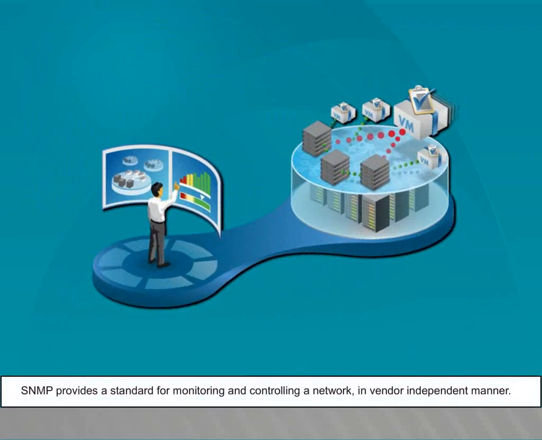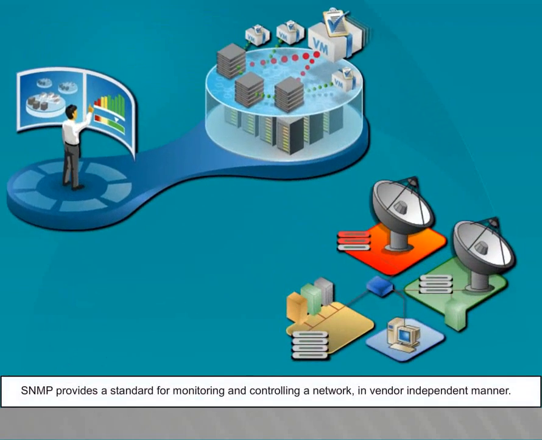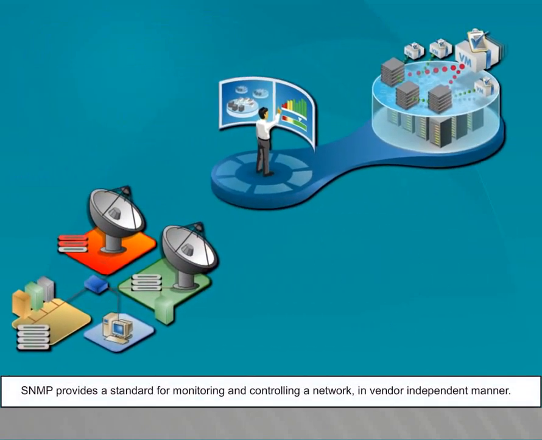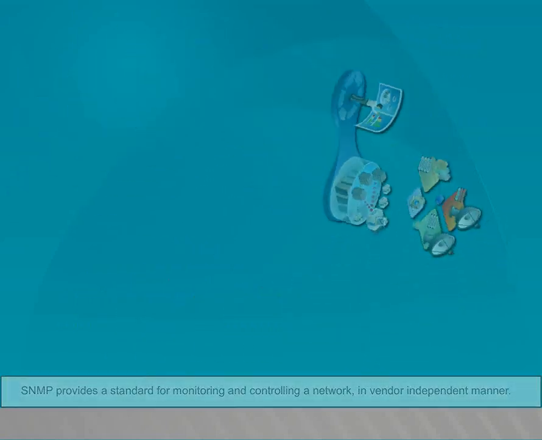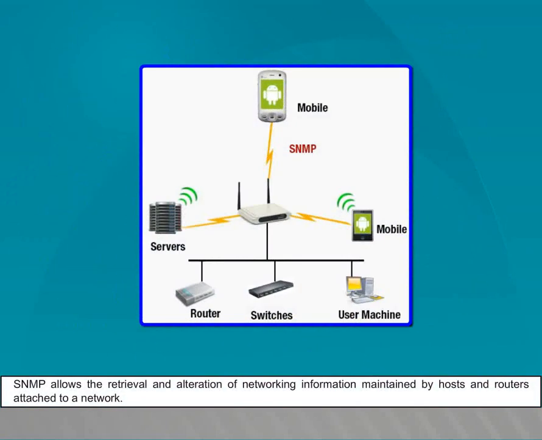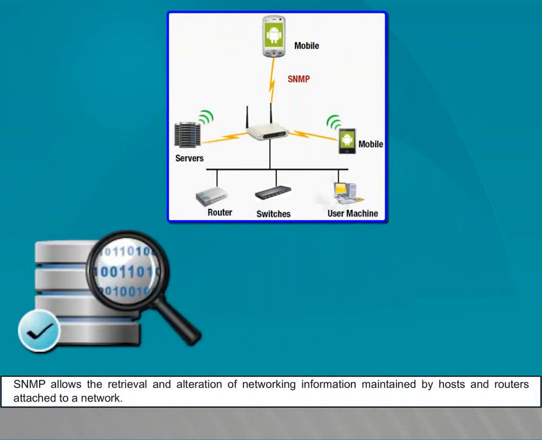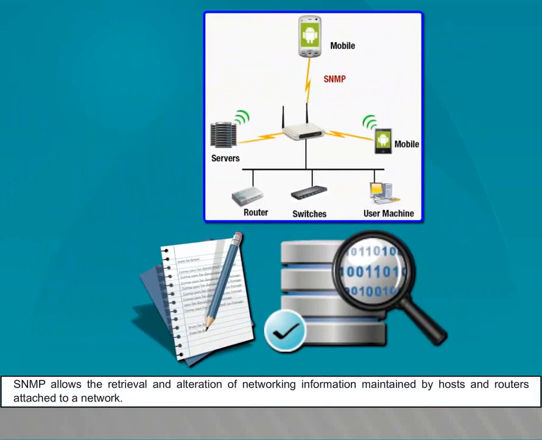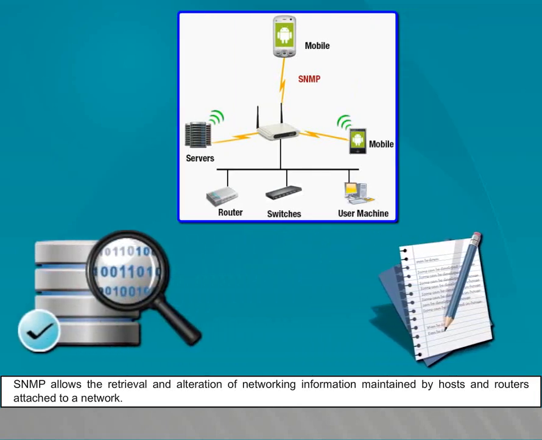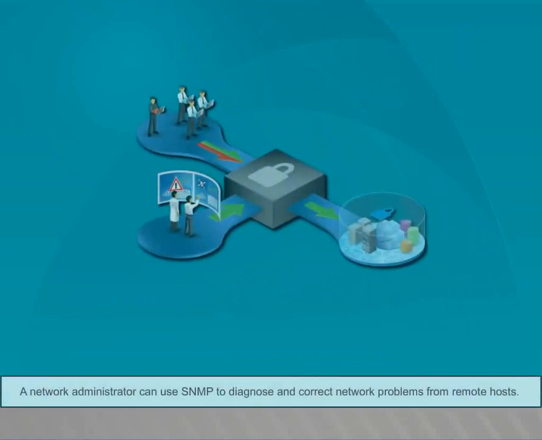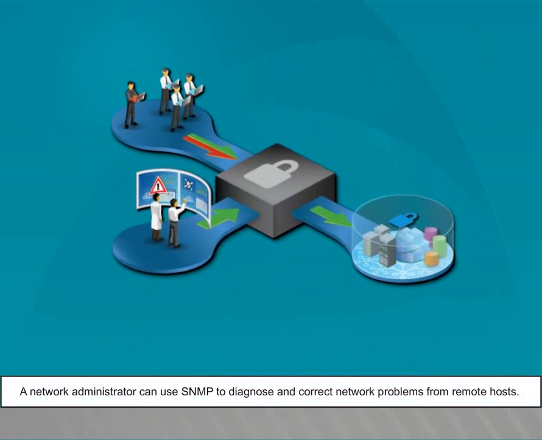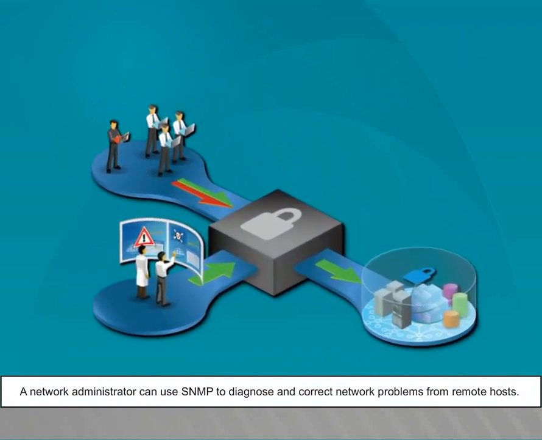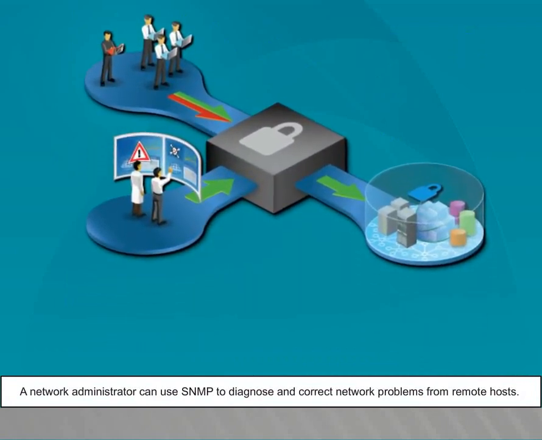SNMP provides a standard for monitoring and controlling a network in a vendor-independent manner. SNMP allows the retrieval and alteration of networking information maintained by hosts and routers attached to a network. A network administrator can use SNMP to diagnose and correct network problems from remote hosts.